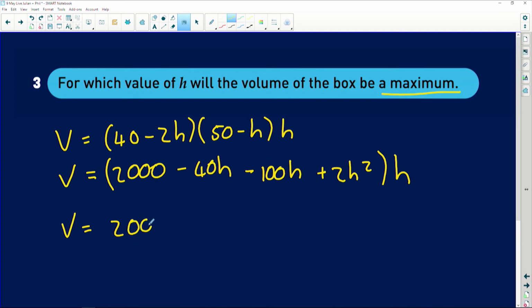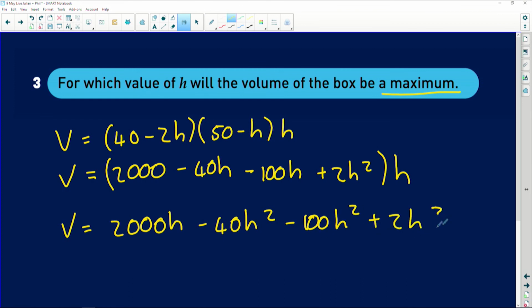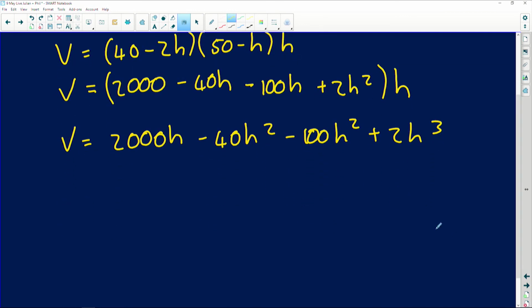That gets me 2000h minus 40h squared minus 100h squared plus 2h cubed. So far it's straightforward, guys. Let's simplify this a little bit more. We end up with 2h cubed, and minus 40 minus 100 is minus 140h squared, plus 2000h.